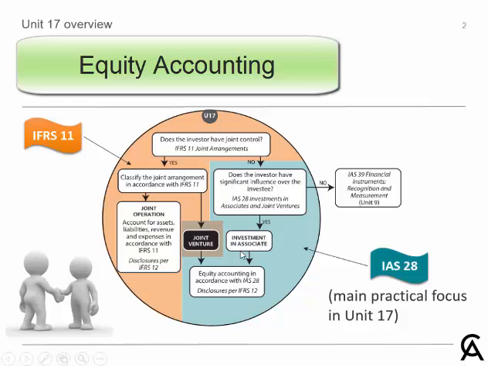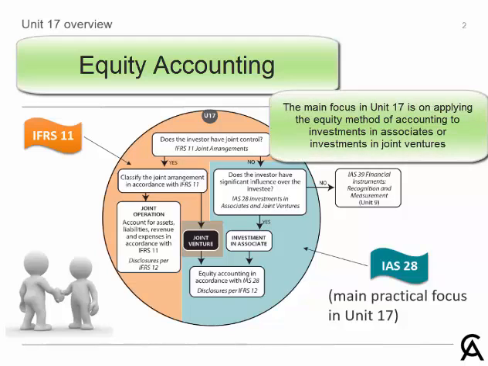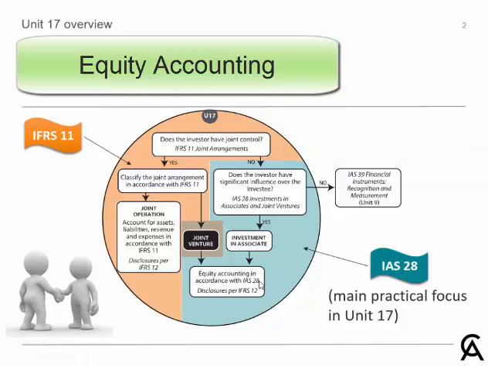So whether it's an investment in an associate or it's an investment where we have joint control and the entity is a joint venture, in both situations what we do is we apply the equity method of accounting. And that takes us to IAS 28 that instructs us on how to apply the equity method of accounting.